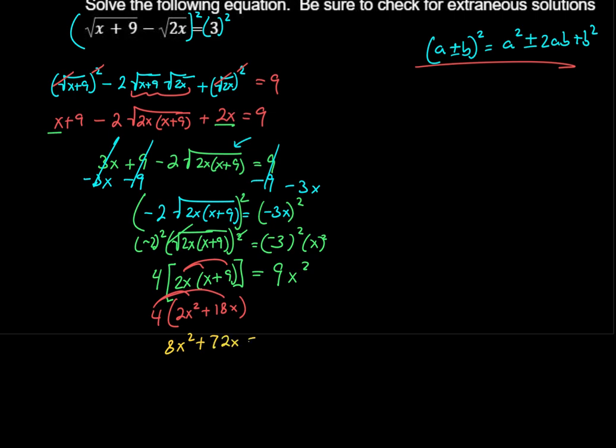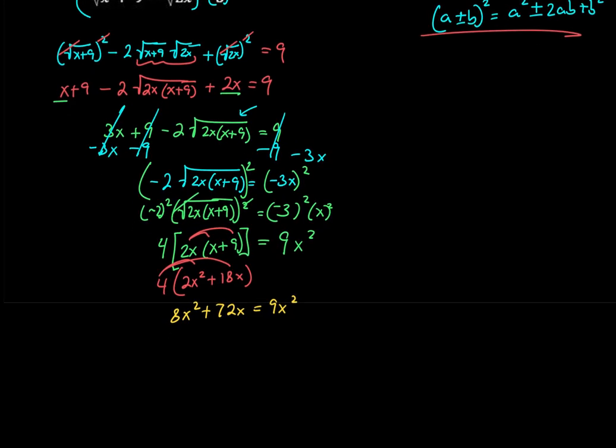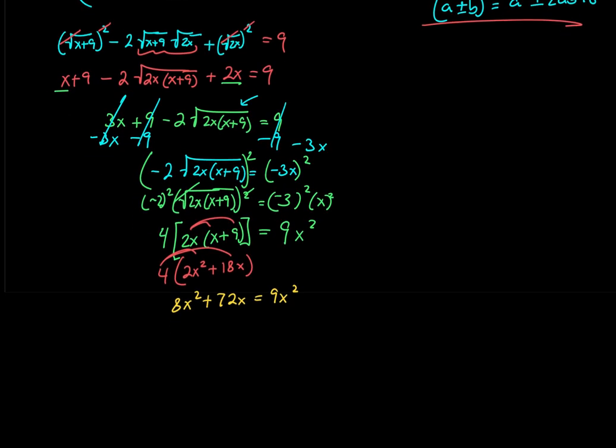And this is going to be equal to 9x squared. This is still a quadratic, so I'm going to have to move everything to one side here. So I'm going to subtract 9x squared on both sides, giving me negative 1x squared plus 72x equals 0.